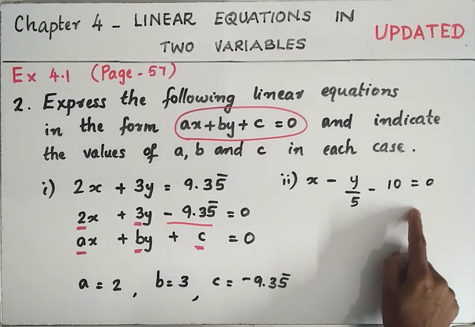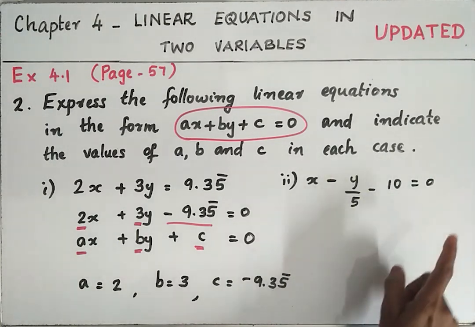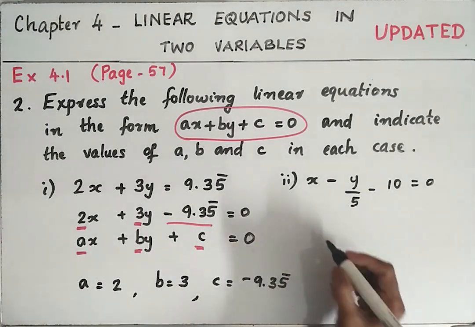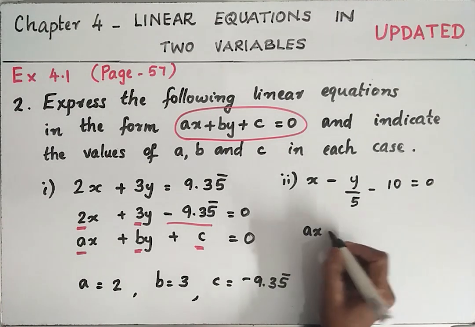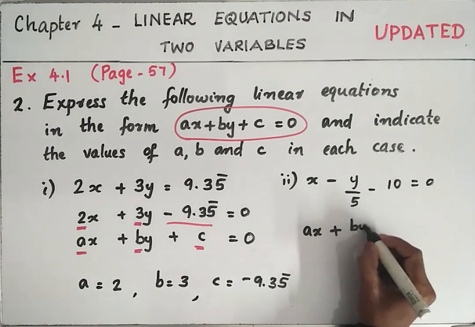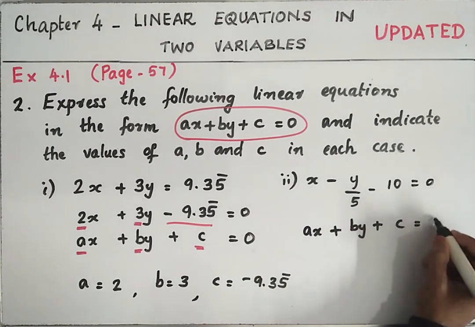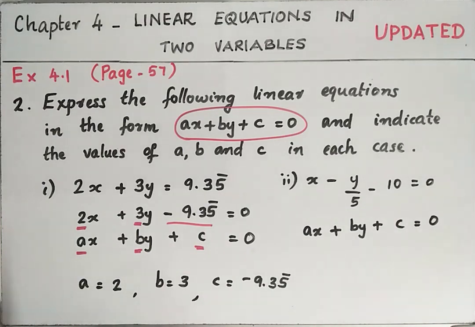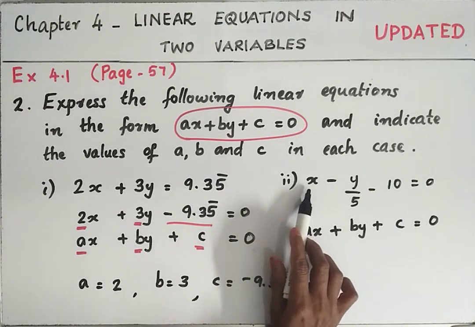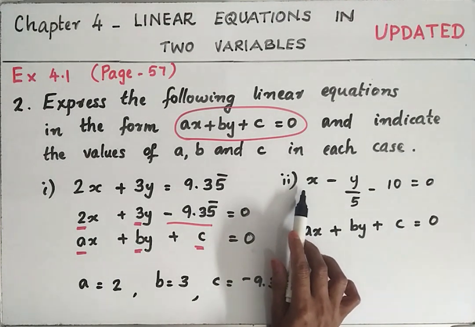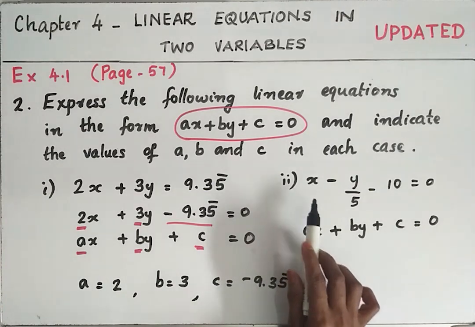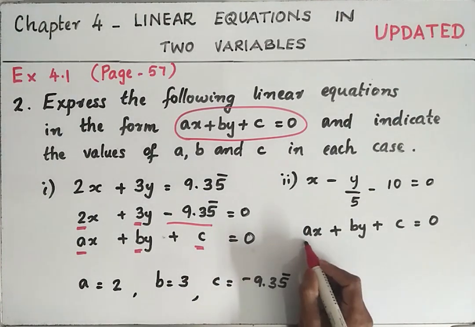Look at the second one. Here the right side of the equal to sign is already 0. So here we can write the linear equation as ax plus by plus c equal to 0. With x, the number 1 comes. That's why here simply we are writing as x. So what's the value of a?